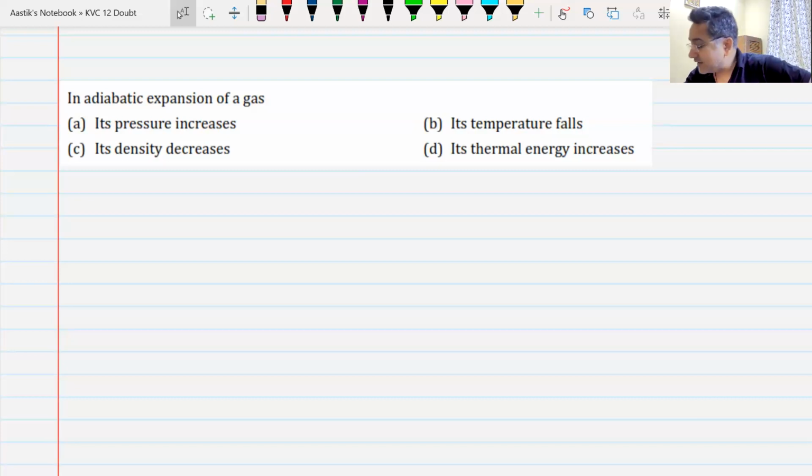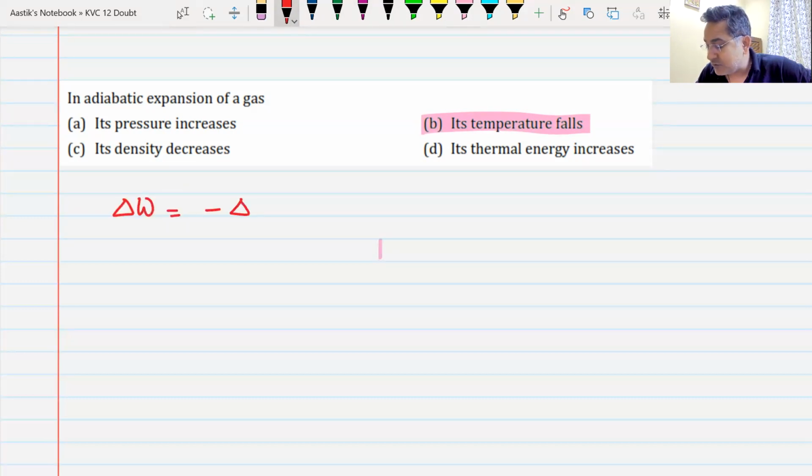And the correct answer is temperature falls. Why does the temperature fall? When we were discussing the first law of thermodynamics, someone told me, sir, delta W is minus of delta U. In expansion, work done is positive.